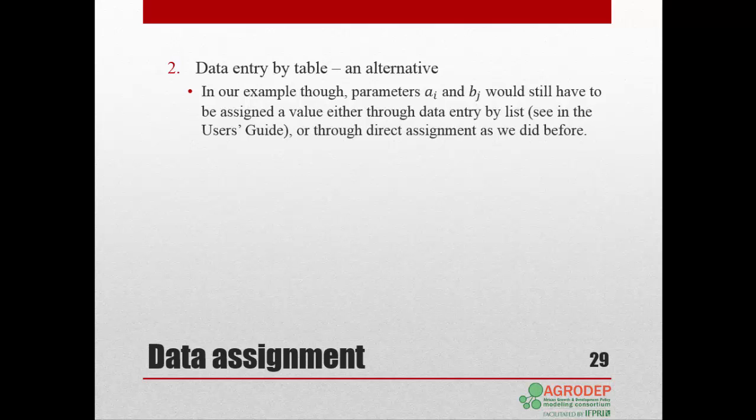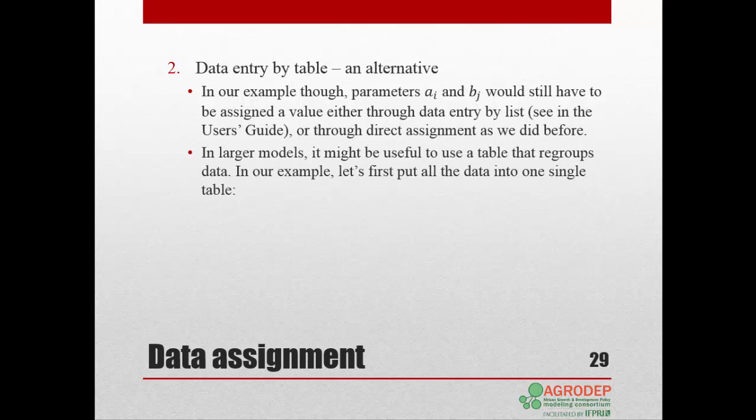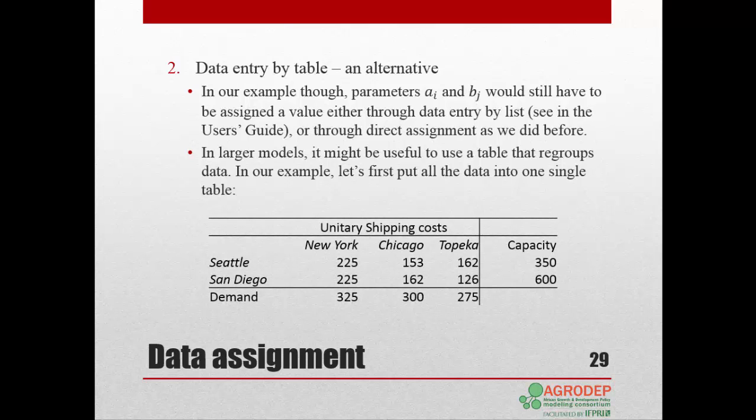This can be done by data entry by list, as in the GAMS User's Guide, or by direct assignment, as we did before. In larger models, it might be useful to use a single table to assign values to all parameters. Let's put all the data into one single table. It consists in augmenting our original table with Ai, capacity, as an added column, and Bj, demand, as an added row.